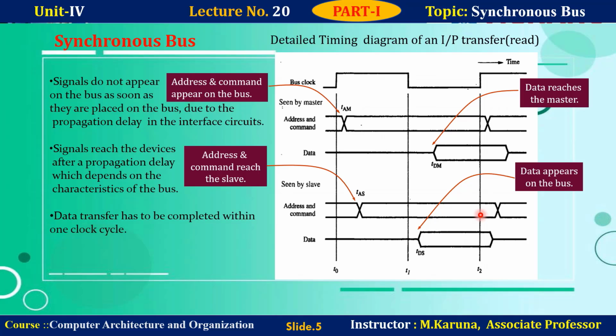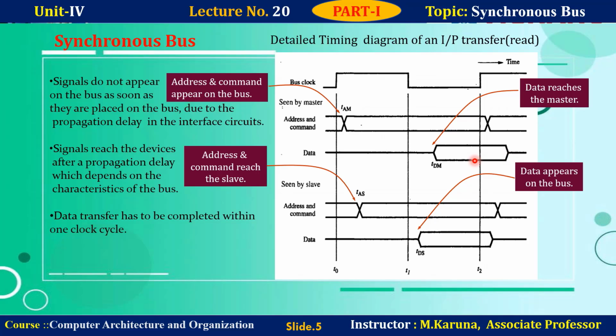Hence, the time period T2 to TDM is the setup time for the master's input buffer. The data must continue to be valid after T2 for a period equal to the hold time of that buffer.